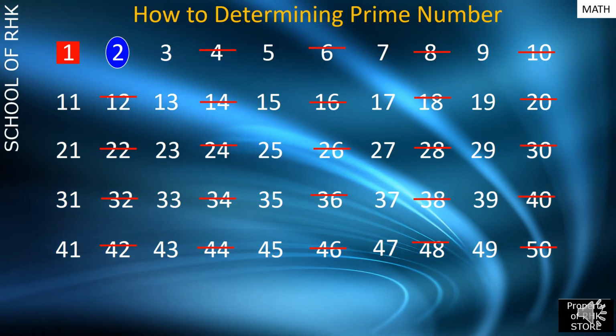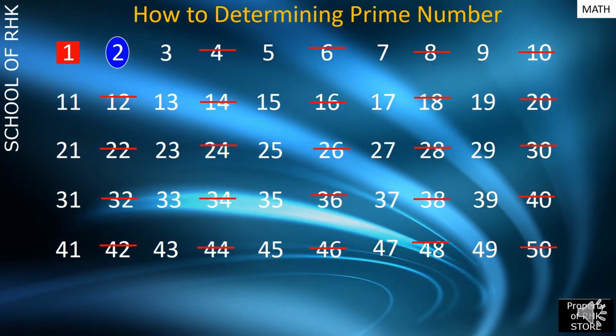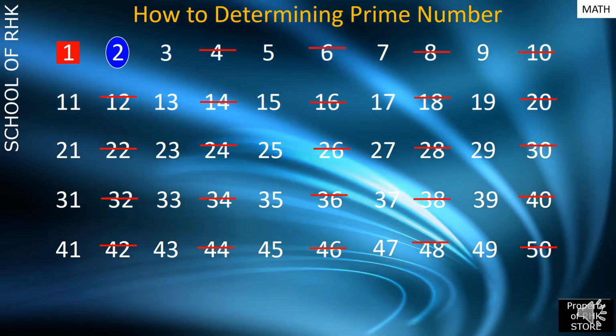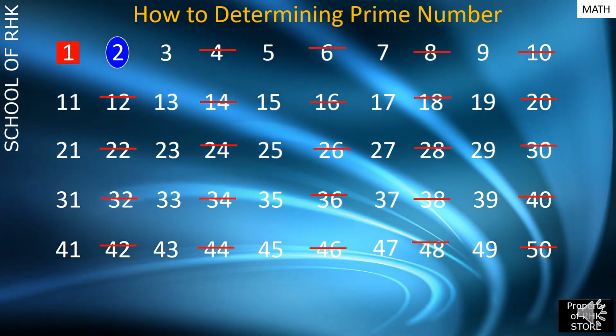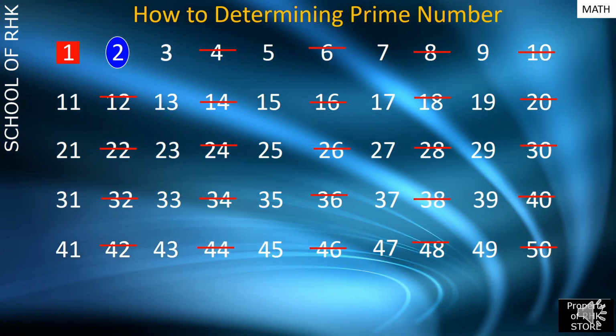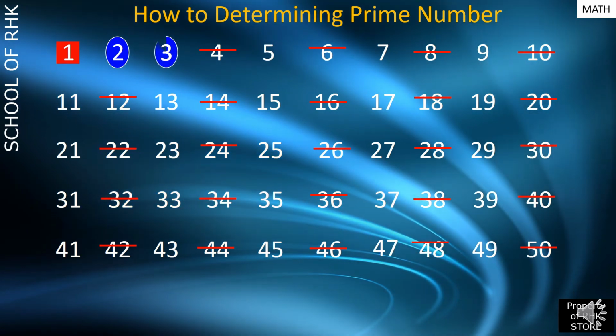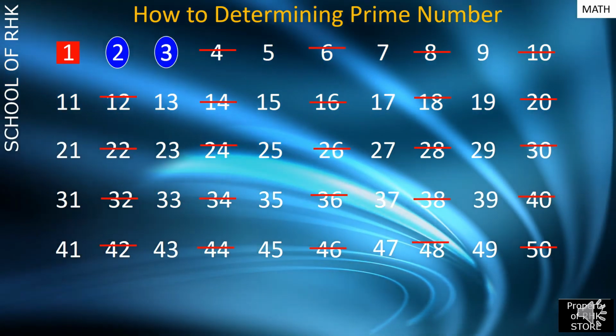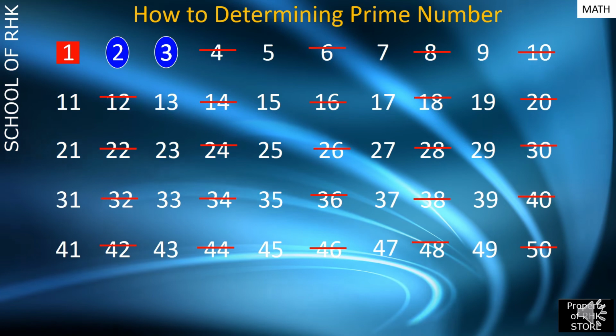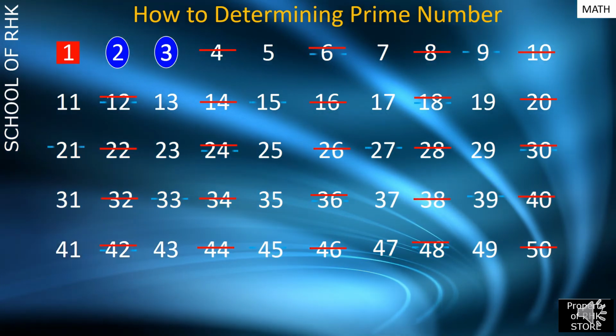Let us go to the next number, which has not been cancelled yet, that is 3. Let us mark 3 as a prime number. Now, let us cancel the multiples of 3.